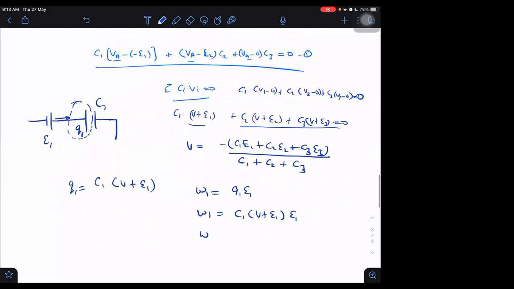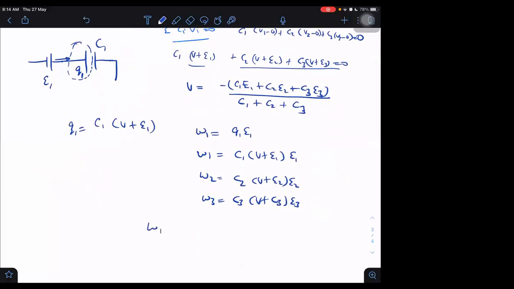Similarly, what is the work done by the second battery? C2 into V plus E2, into E2. What is the work done by the third battery? C3 into V plus E3, into E3. What is the sum of the works done? W1 plus W2 plus W3. The net work done will become C1 plus C2 plus C3.